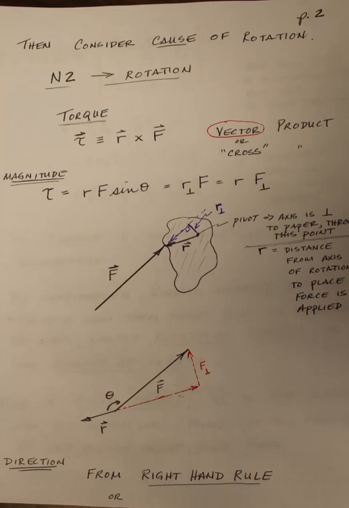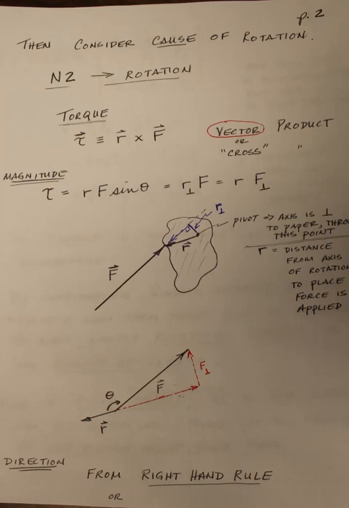This is the same thing as the perpendicular distance from the axis to the line of action for the force, times the force, or this distance from the axis of rotation, r, times the perpendicular component of the force. So take a look at the diagrams. That's how you find magnitude for the torque.